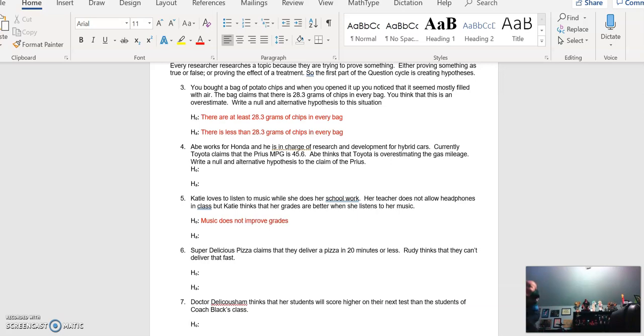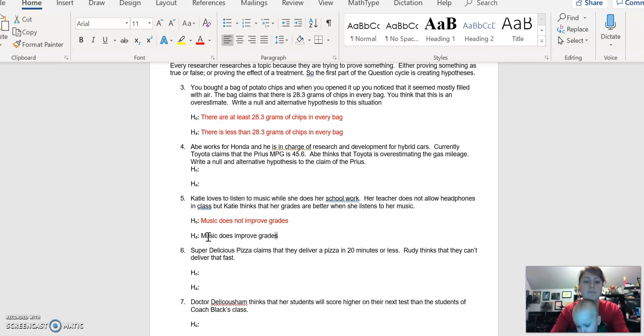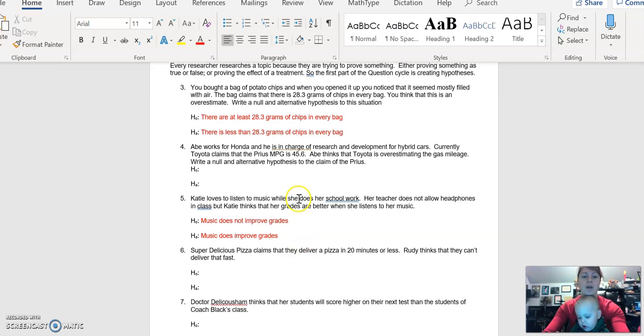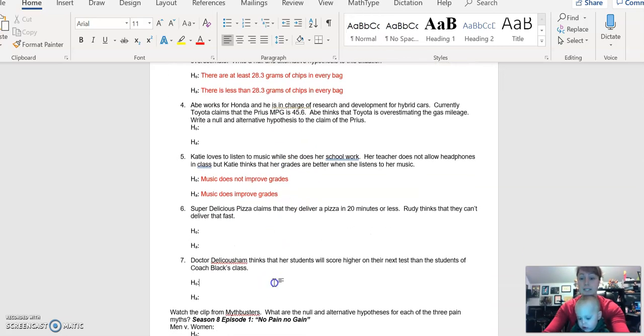And then your alternative would be music does improve grades. And you can see that you don't have to be super detailed with your hypothesis, because you're just trying to prove exactly one thing or the other. Okay, so you're going to fill out questions 4, 6, and 7.